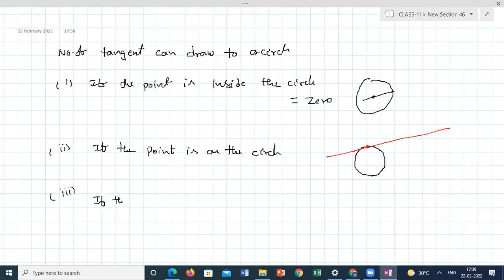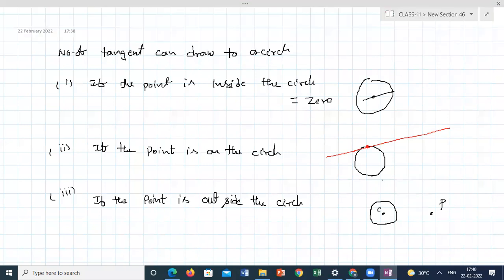If the point is outside the circle, so this is my circle. Point P is outside. This is the center, O or C, it depends.